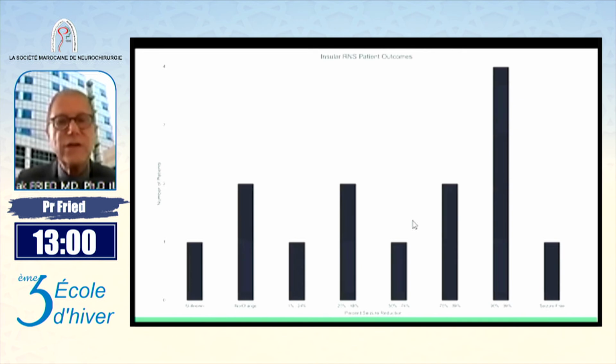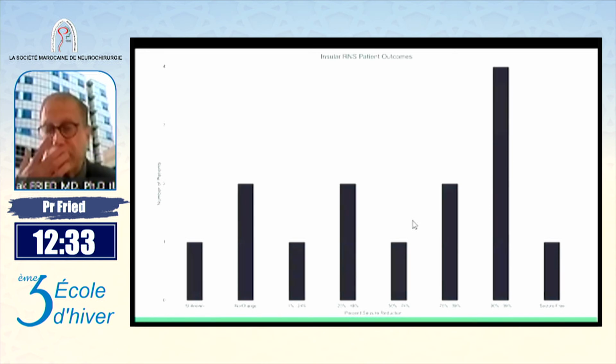If you look at this, you can see patients who actually got greater than 90%. And there was one patient out of 14 who was seizure free. But again, once you get to these numbers, patients really feel a substantial difference in seizures.